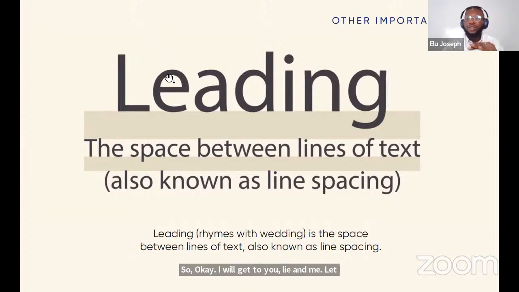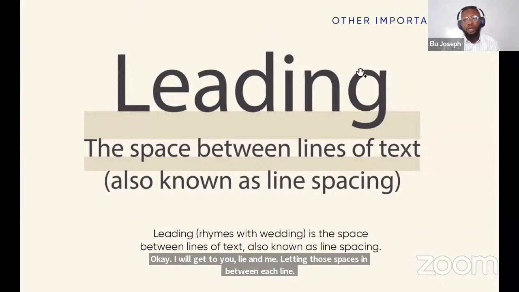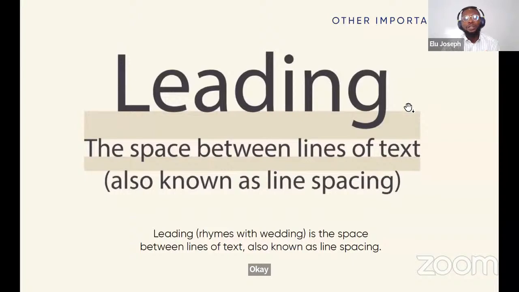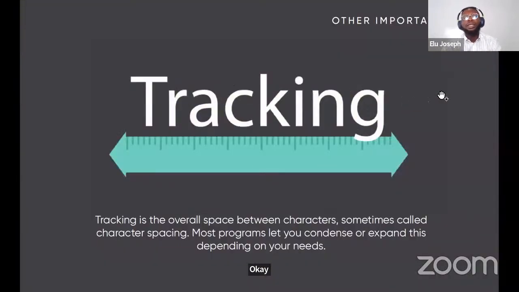Leading are those spaces in between each line of text. And tracking is the space between characters. Do you get it? Look at my slide.